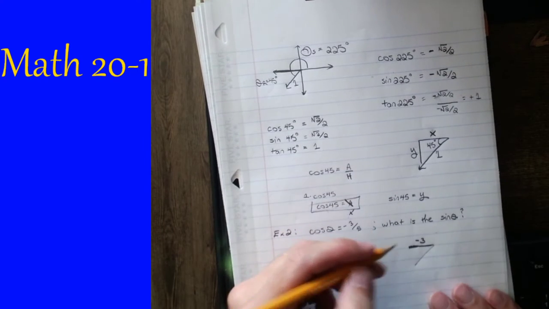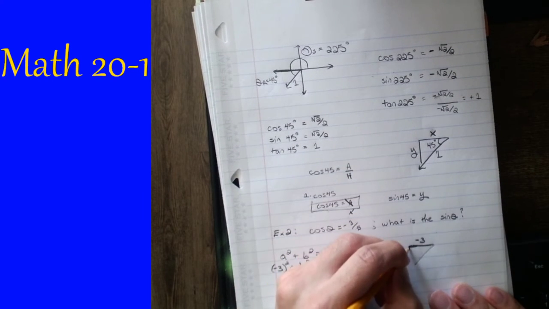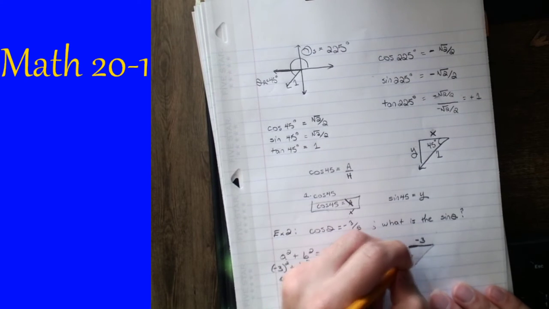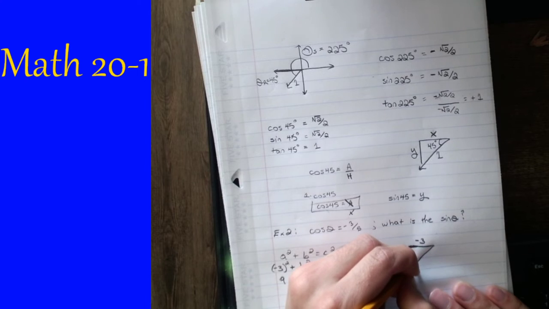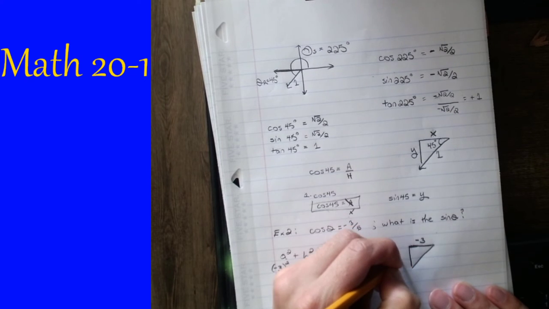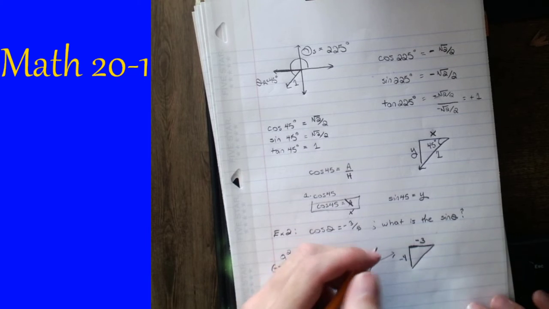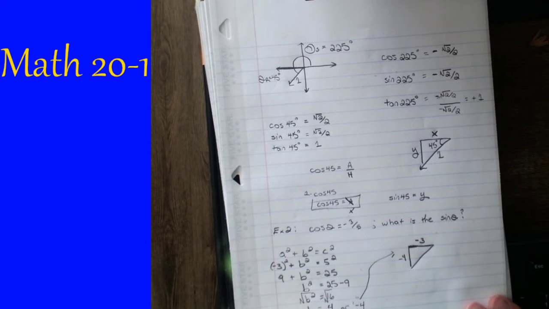So I can have a triangle where negative 4 is the answer, which would be this one. I've gone down negative 4. Or I could have a triangle where I've gone up 4, and that would look like this.